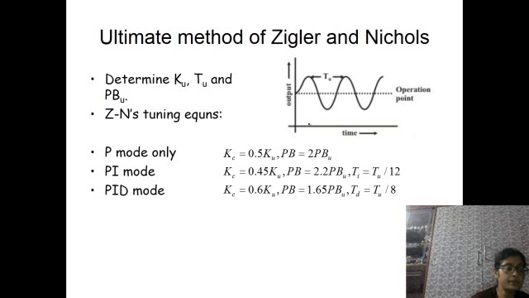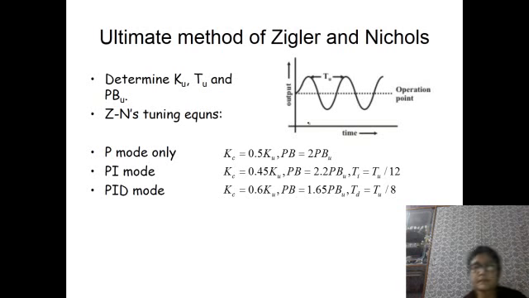It is found that at low gain the control variable overshoots and undershoots about the desired value with decreasing amplitude due to the damping effect of the process, and at very high gain the control variable oscillates about the desired value with constant amplitude. This is the method of oscillation of constant amplitude.